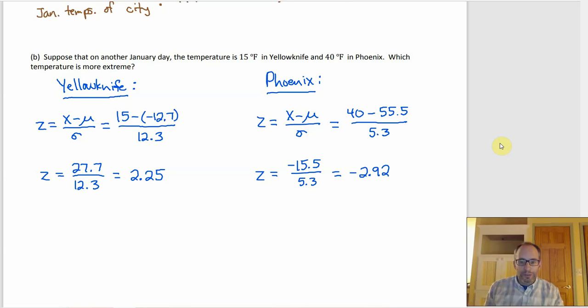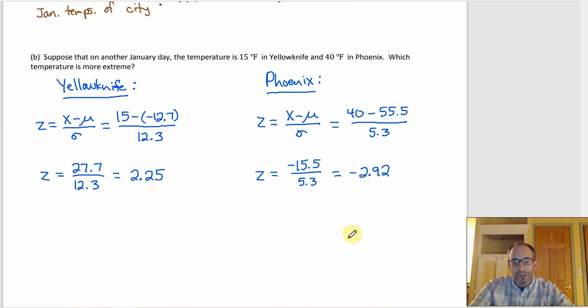So I think at face value that Yellowknife one probably looks crazier, right? Just because the absolute difference between that and negative 12.7 is so big. I mean, that's a difference of almost 28 degrees. That's a lot, no question. And with Phoenix, the difference was only 15.5 degrees, but the difference in standard deviations is what's throwing this off.